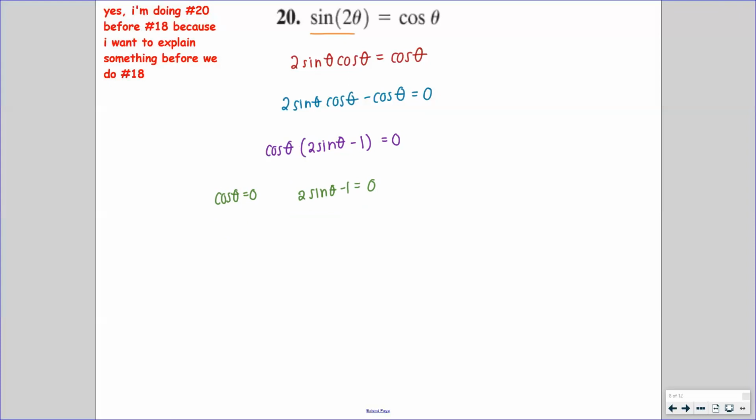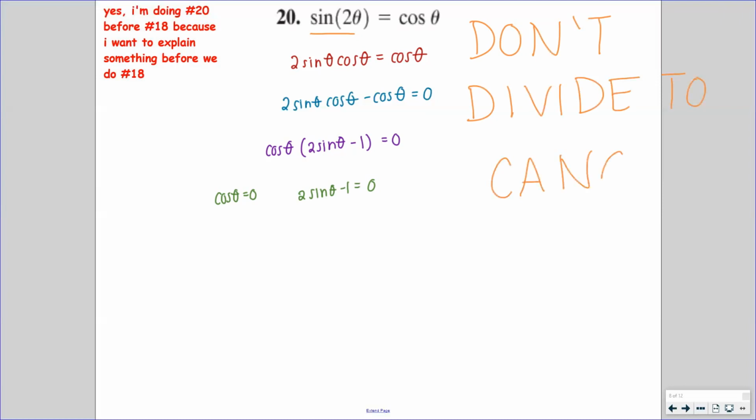On your paper somewhere where you're going to see this on your test, in big capital letters, you're going to write, don't divide to cancel. We lose information when we cancel things out. So take a second, write that out, and we'll finish this problem.